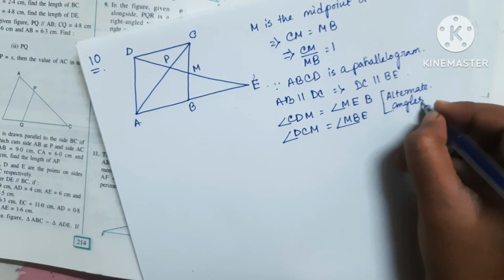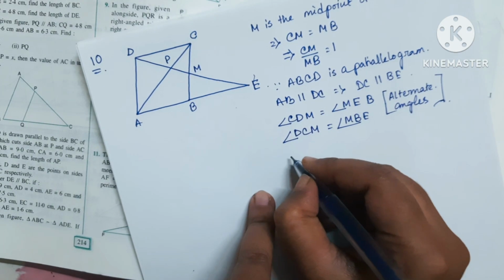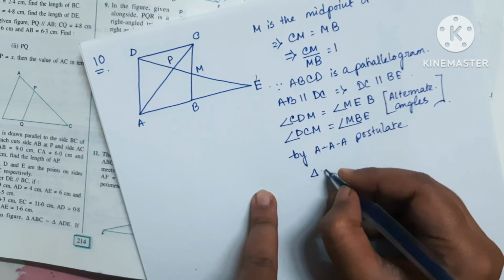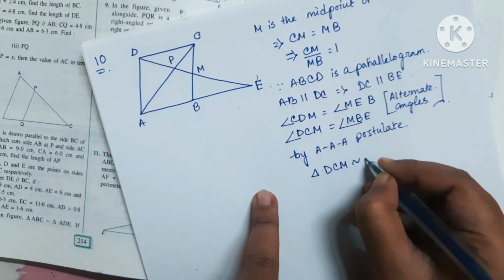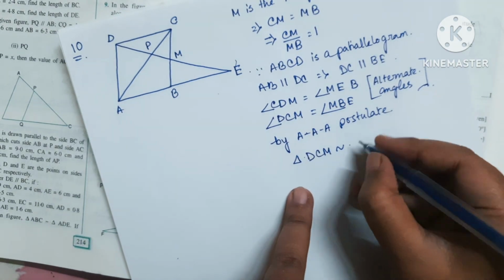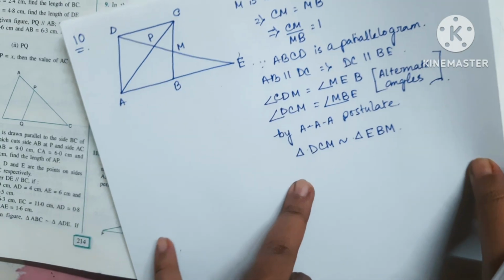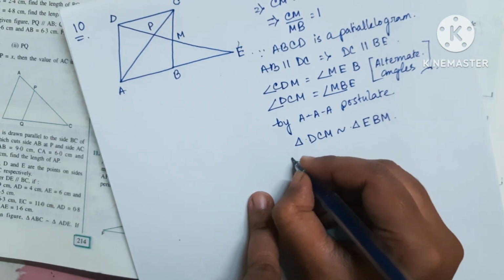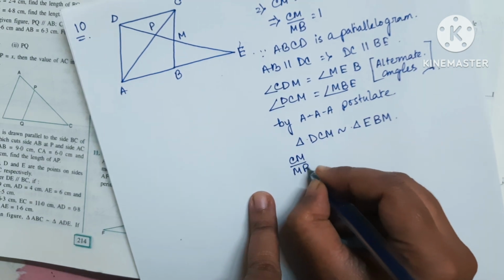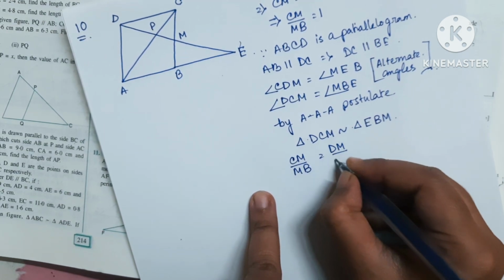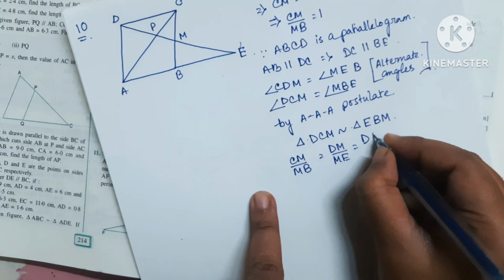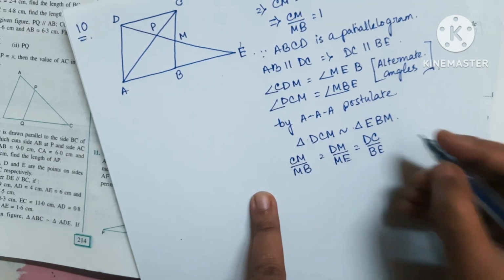angles. Okay, so by AAA postulate, triangle DCM is similar to triangle EBM. Okay, so CM by MB is equal to DM by ME is equal to DC by BE, and that is equal to 1.